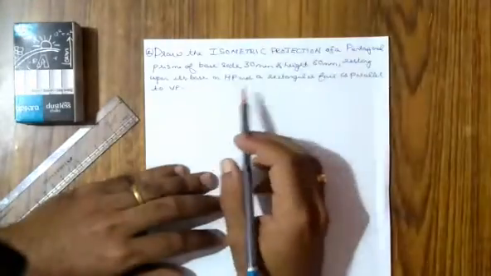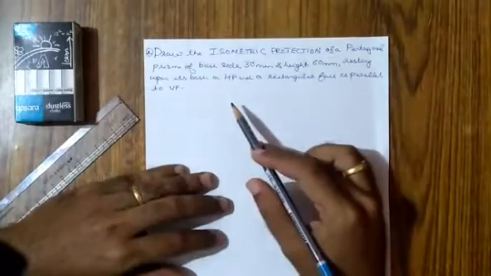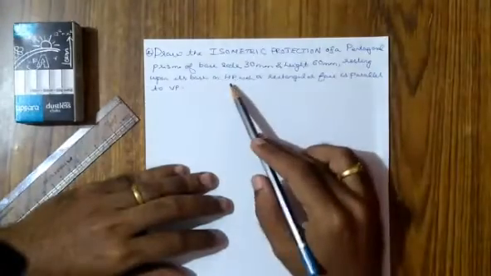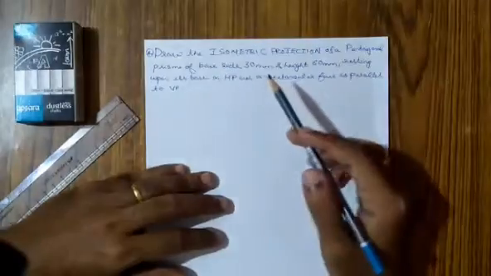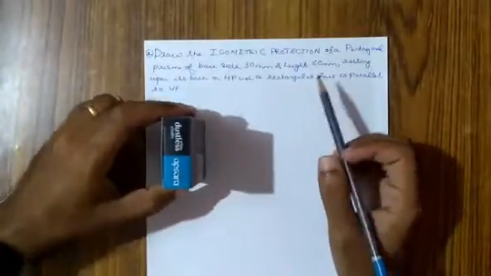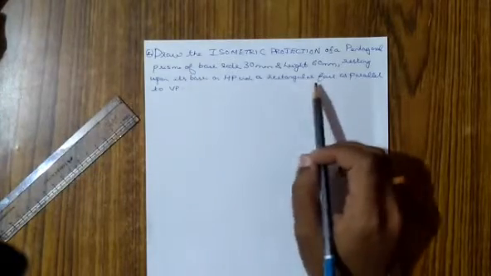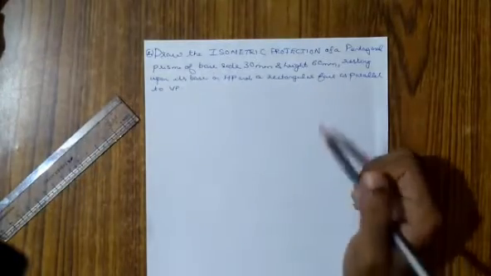In this case, one of the rectangular faces is parallel to VP and it is resting on its base on HP, which means that one of the edges in the top view is going to be parallel to VP.